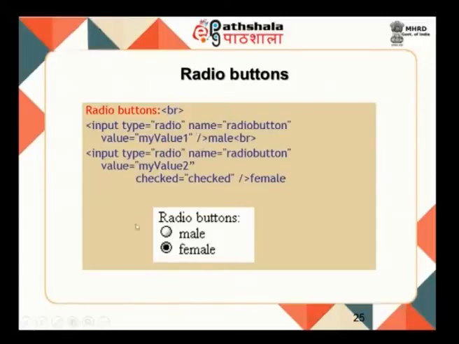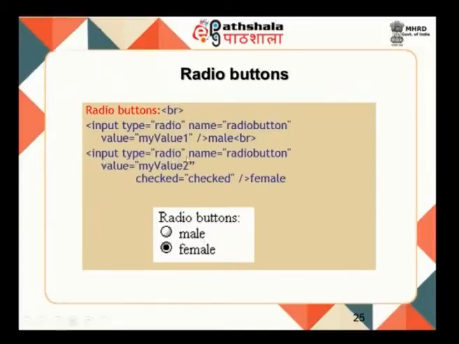The radio button is actually displayed when you create a radio. In order to give a name for the button, you can see here it is given as male. So, a button appears and then there is a text, male, displayed, but when you click on this text, it does not make any action.